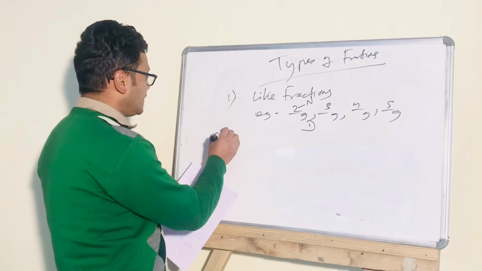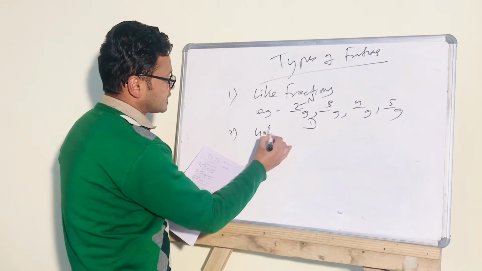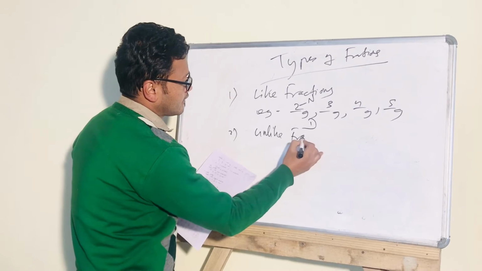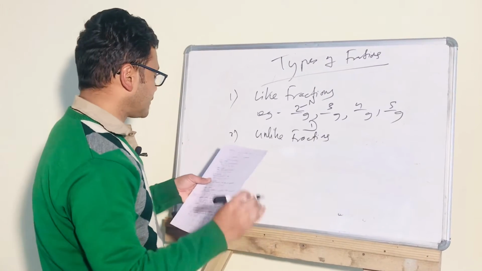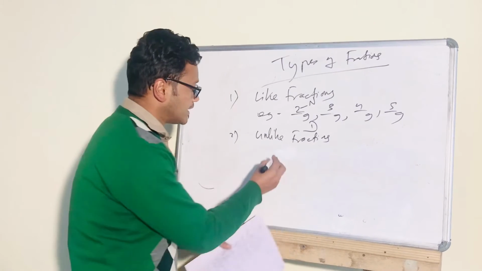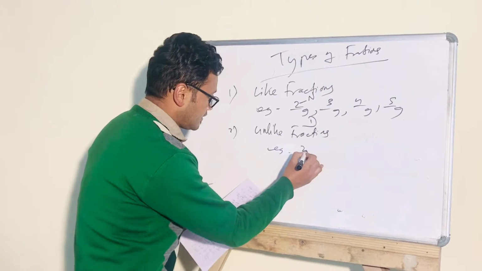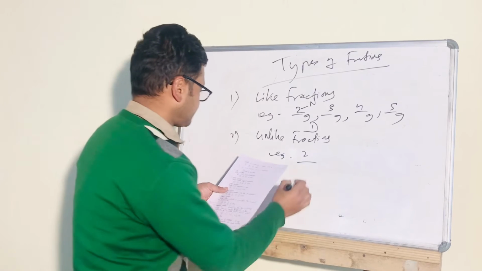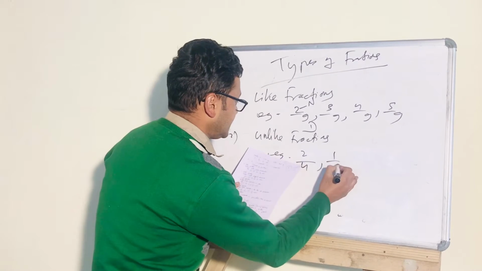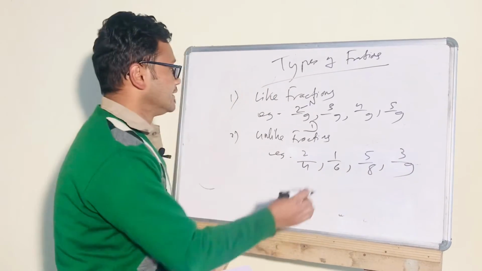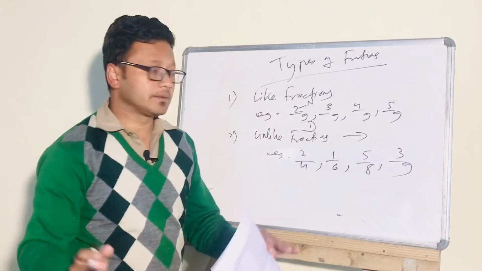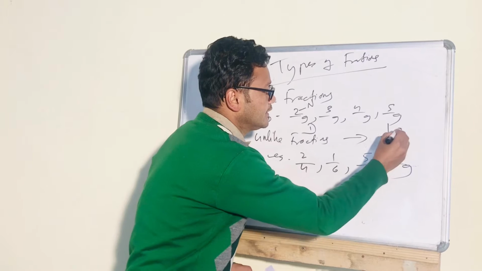Now number 2, unlike fractions. Unlike fractions means fractions with different denominators. Example: 2 by 4, 1 by 6, 5 by 8, 3 by 9. Unlike means different denominators.